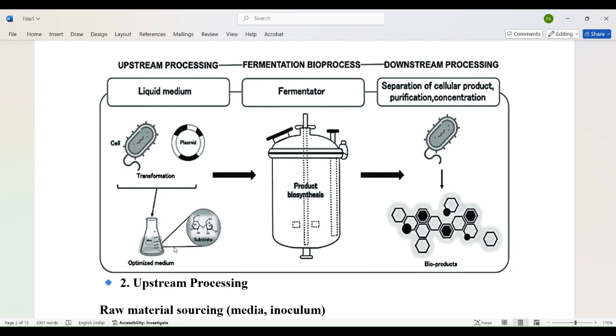So let me break this down for you. Upstream processing, let us continue understanding with the example of insulin production.